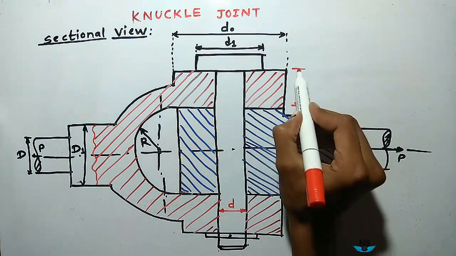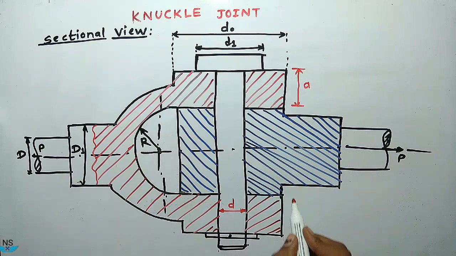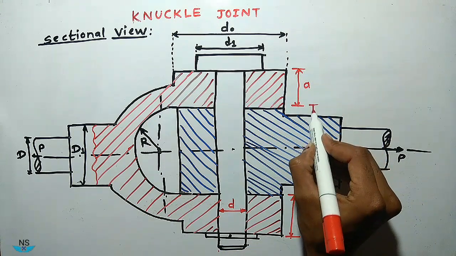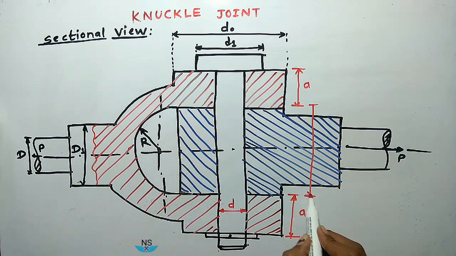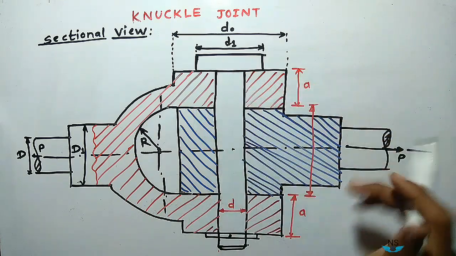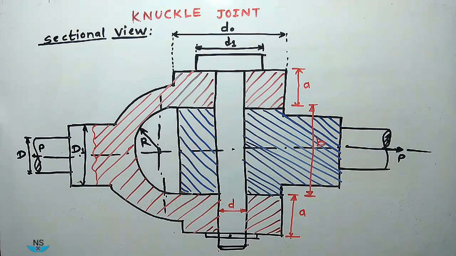Now this is the thickness of the fork end, that is A. This is also the thickness of the fork end, A, and this is the thickness of the eye, that is small b.